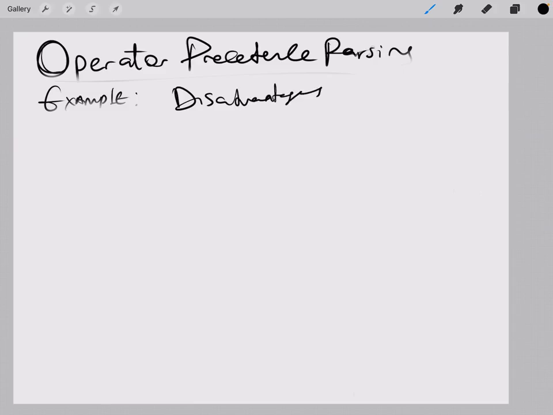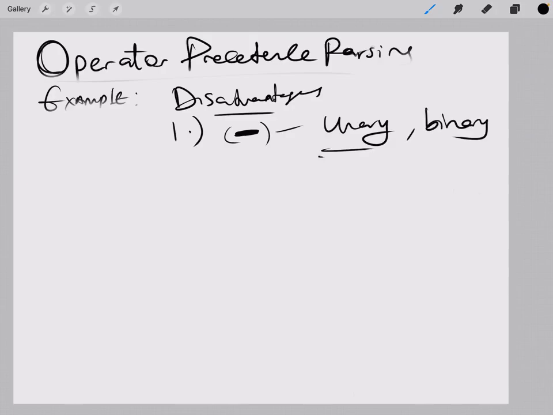Disadvantages. Number one, and that's not even the biggest problem. We have things like minus. Minus is a very funny guy. It has different precedences in itself. It can be two things: it can be unary and it can be binary. And the unary form has more precedence than the binary form.